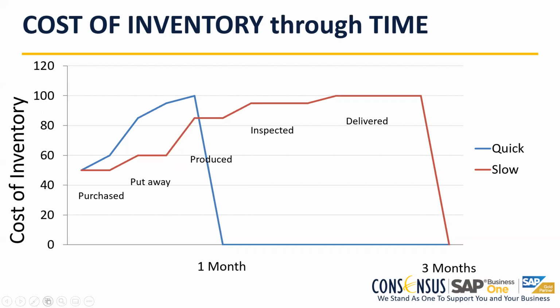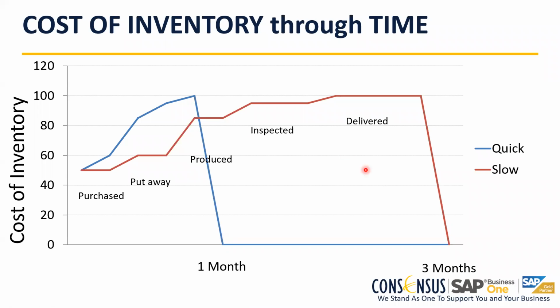Let me see if I can use the laser pointer here. So you see this company that turns inventory in just a month, and at the same time they're probably receiving new goods and starting the cycle again. So in a quarter they could turn inventory 3 times.